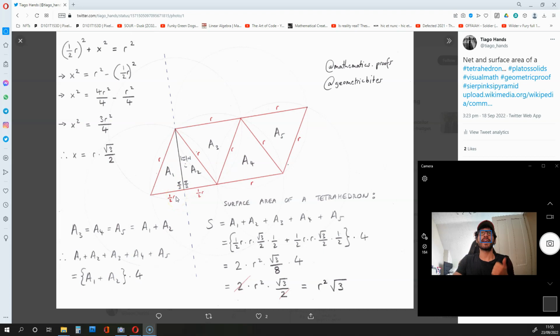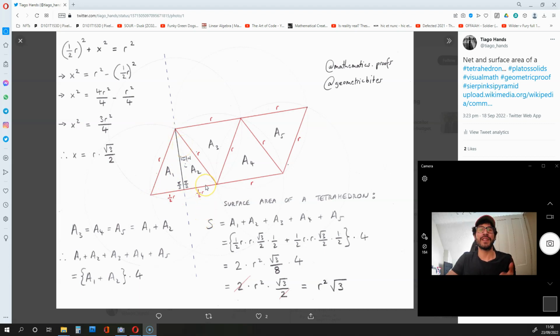Okay, so let's get the area of A1, which is half the area of a rectangle. The area of A1 is going to be half r times root 3 over 2 times a half, okay? Because this is half the area of a rectangle.